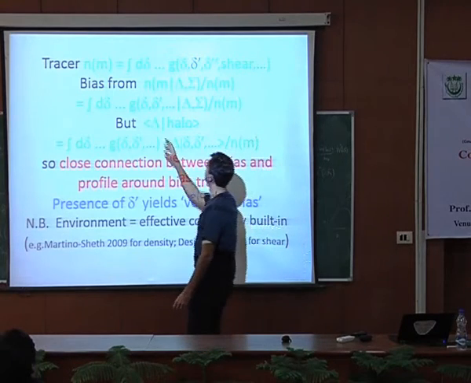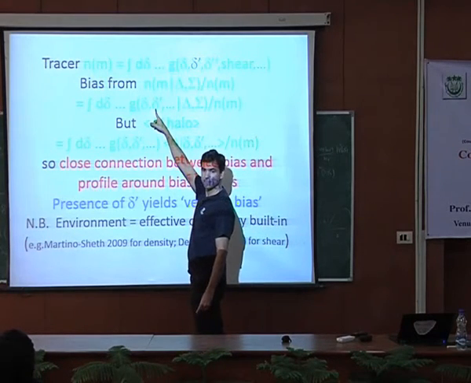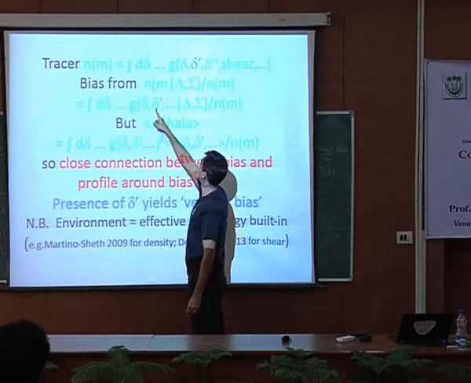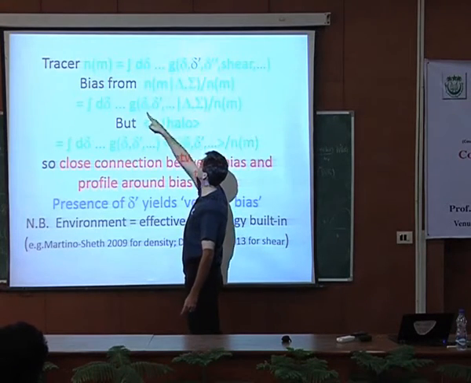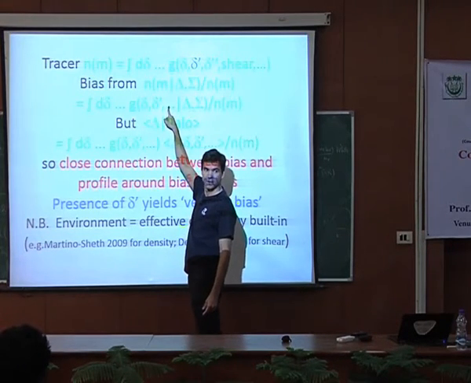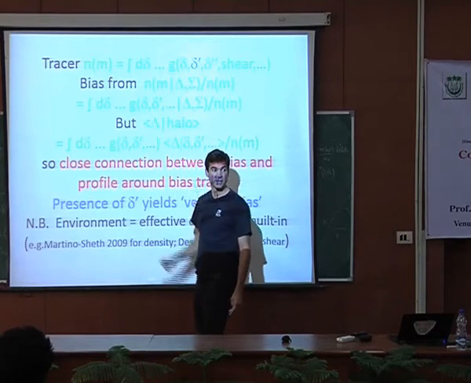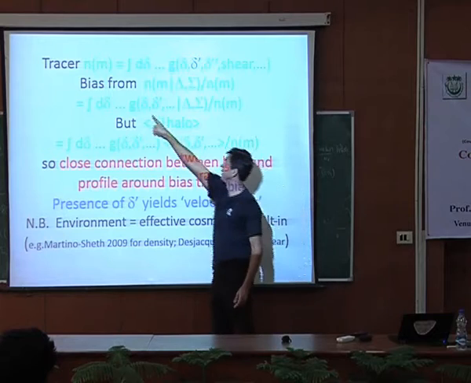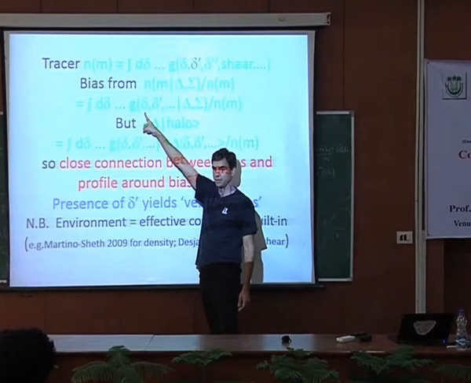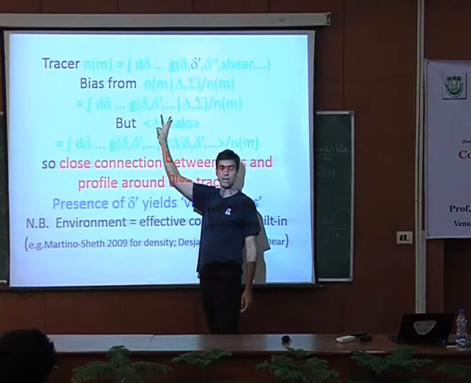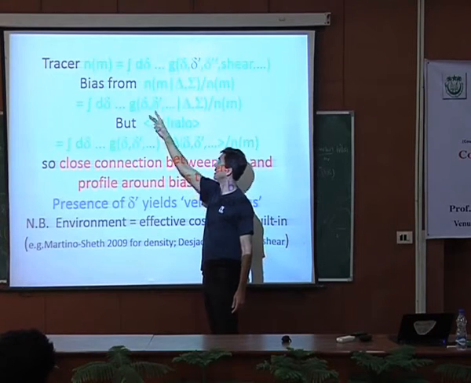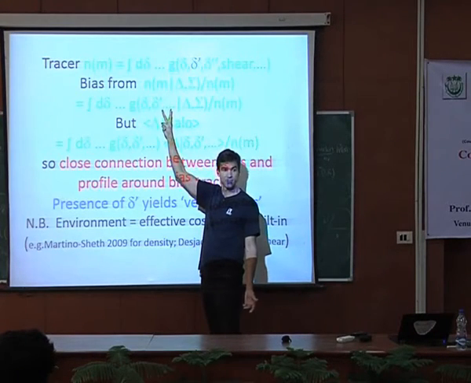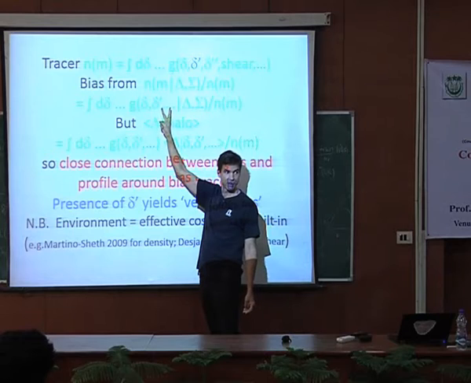Now, suppose I have here delta with 2 derivatives. That means it has 2 powers of k compared to this guy. If that's the only difference, then in Fourier space the derivatives are just the k squareds.